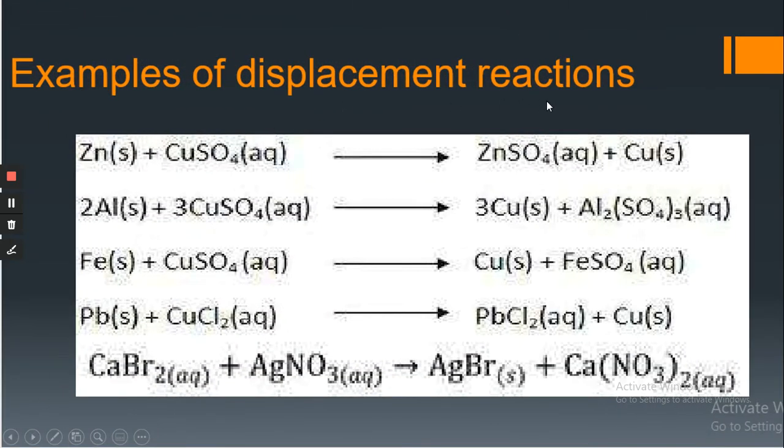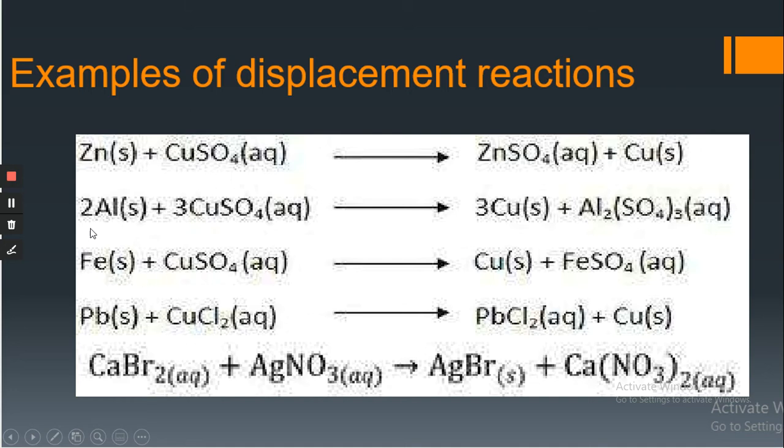Now some examples of displacement reaction, like when zinc reacts with copper sulfate, zinc sulfate and copper will form. In the displacement reaction, the element will be in the free form. When aluminium reacts with copper sulfate, copper will be freed and aluminium sulfate will form.